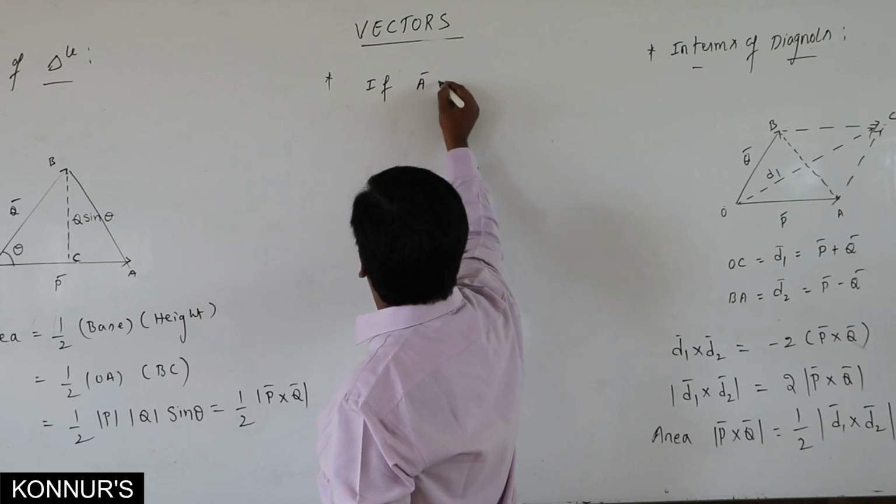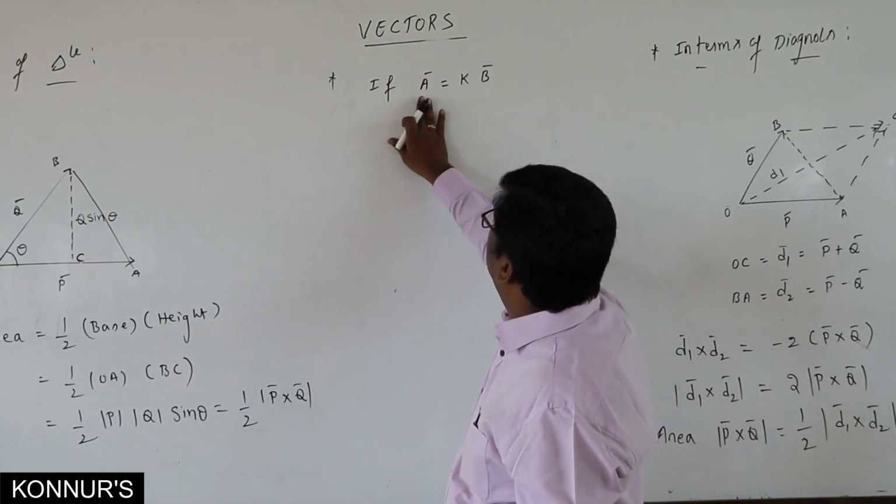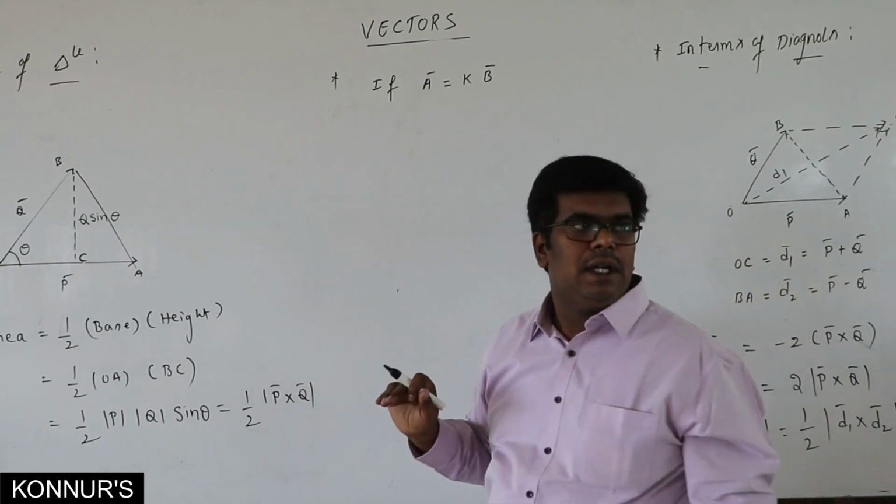If A bar is equal to some constant k into B bar, you can understand A bar and B bar are parallel to each other.